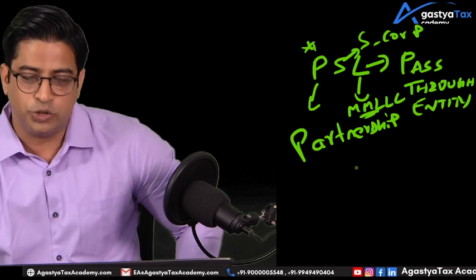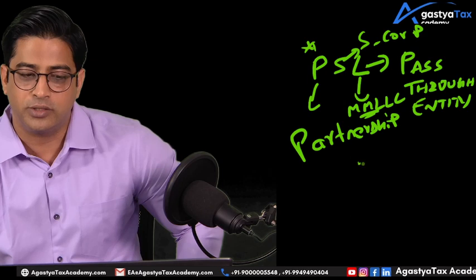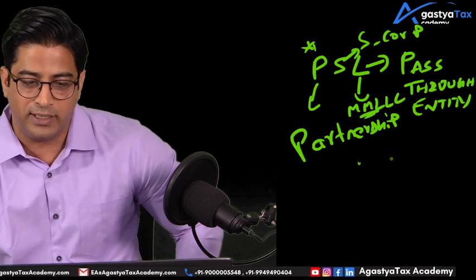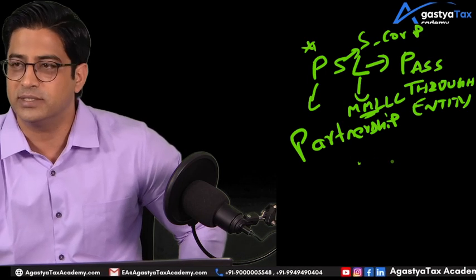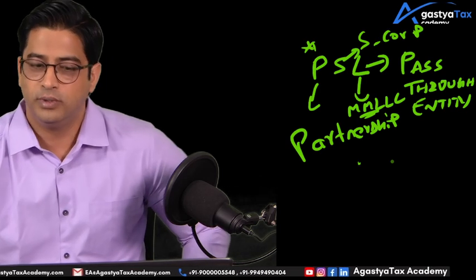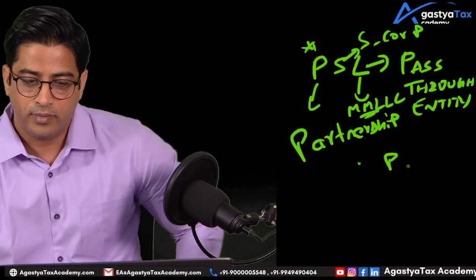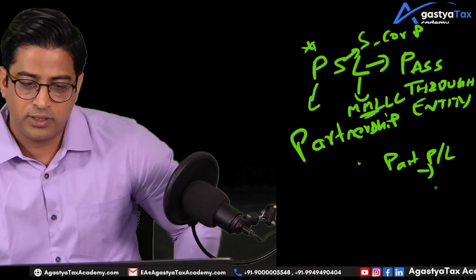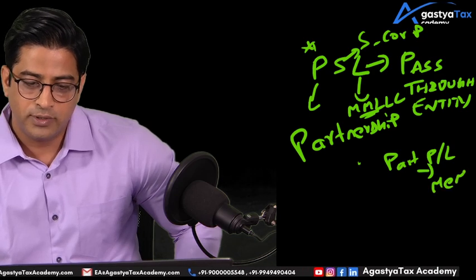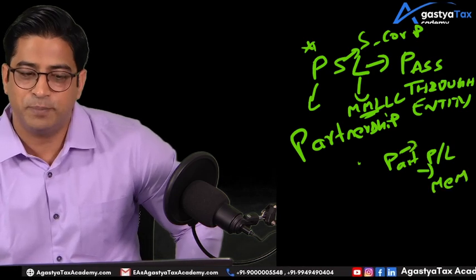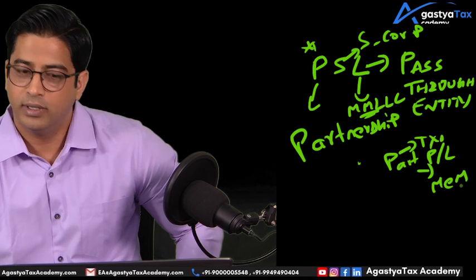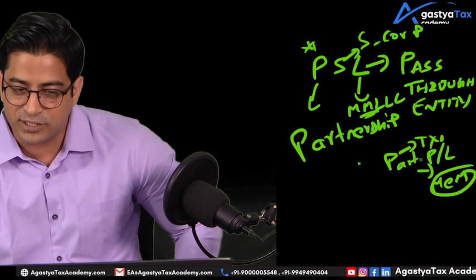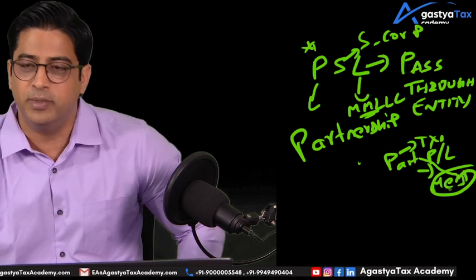These entities do not pay any taxes. The shareholders or the members of this particular entity will pay the taxes. It passes through. The partnership will pass through its profit or loss to its members. So the members pay; it passes through its income and expense to its members. Understood?